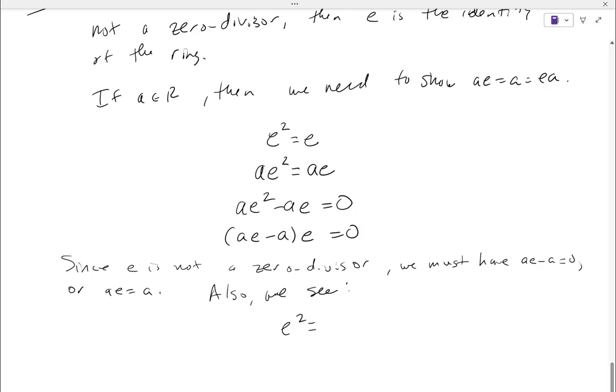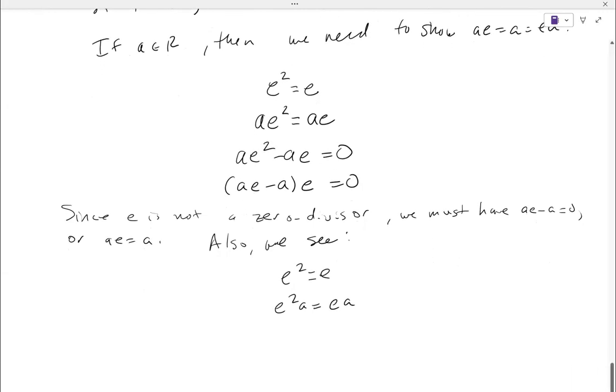I start with E squared equals E and multiply on the right by A. We do the exact same thing. Move it over. Get 0 on one side. Pull out the E. Now, when we pull out the E, which side does it go on, the left or the right? The left. Good.